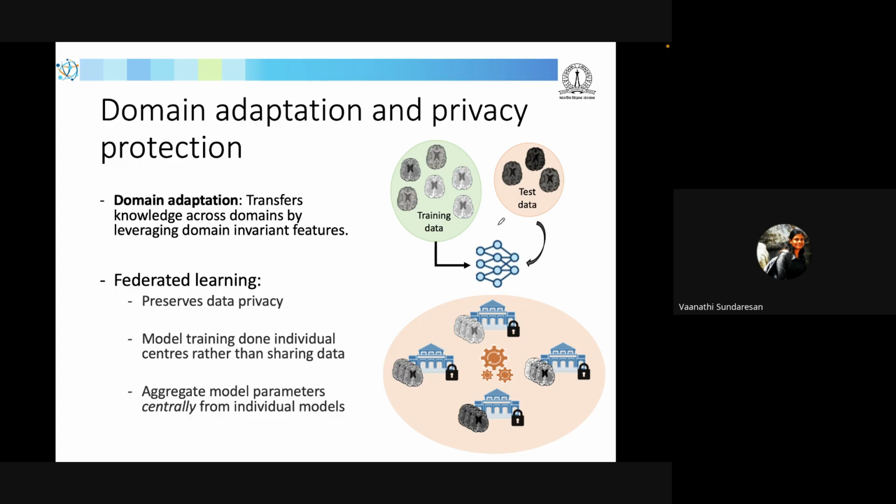There are a lot of methods to do it. It's a whole large area in itself. There are supervised domain adaptation and unsupervised domain adaptation. In supervised domain adaptation, you have labels from both the source domain and the target domain.